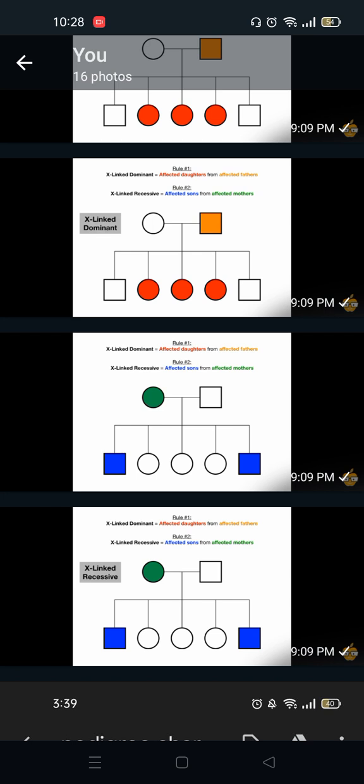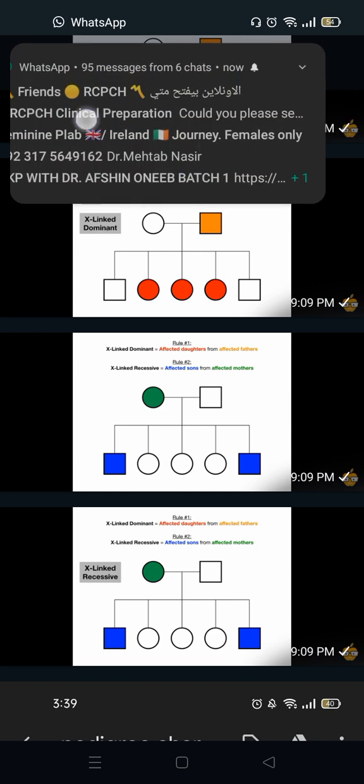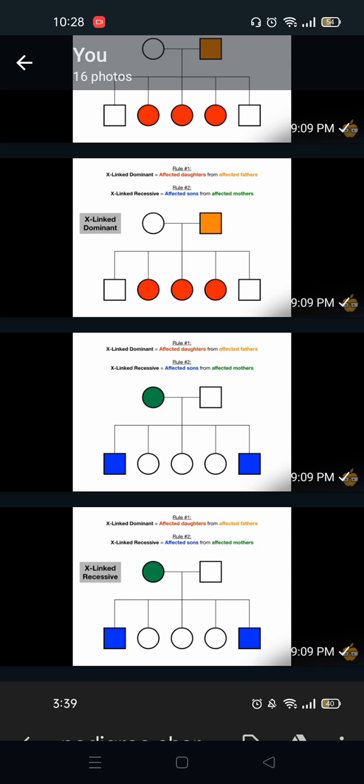X-linked recessive shows skipping of the generation, and no male to male transmission. If a male is affected, he can transmit to daughters, but not to the sons. This is the rule. The mother can transmit to the son. They don't say that the mother can't be affected or can't transmit. Father cannot transmit to the son, but can transmit to the daughters. This is the rule. Got it?